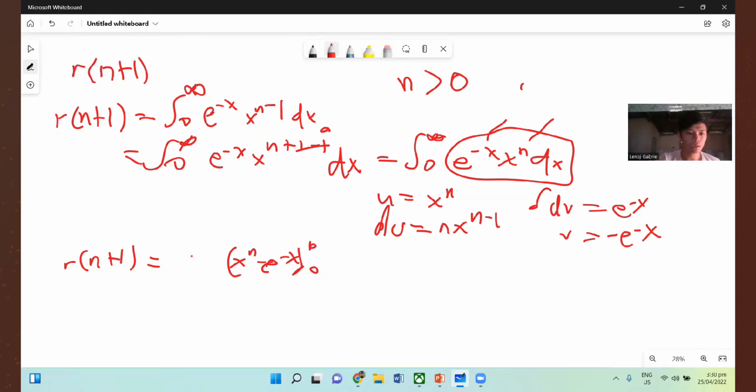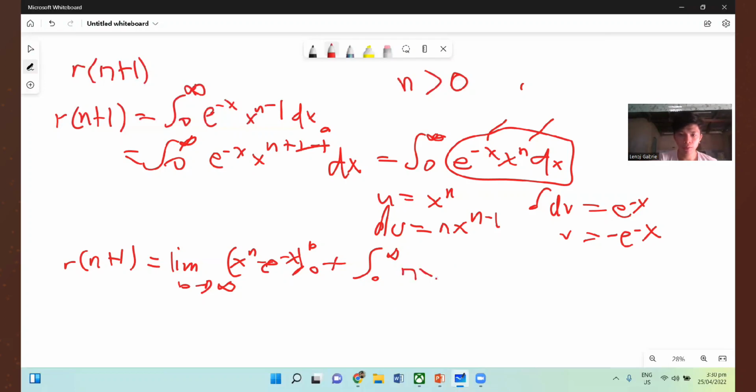So ang lalagay natin dito is limit of b going to infinity, plus the integral from 0 to infinity of the value of v and then du.